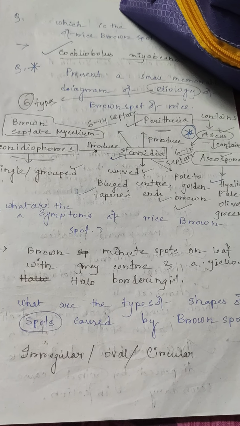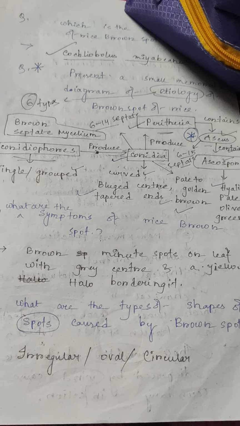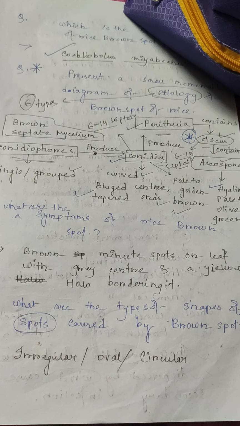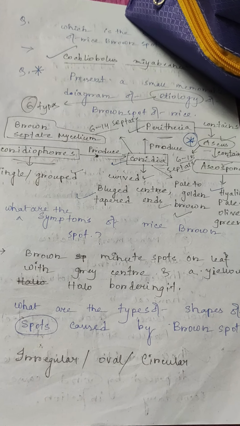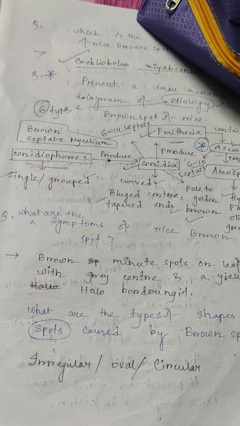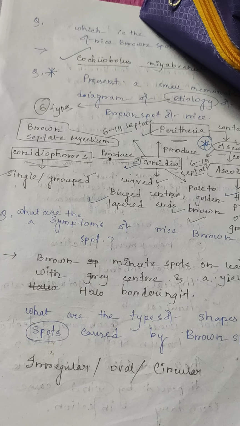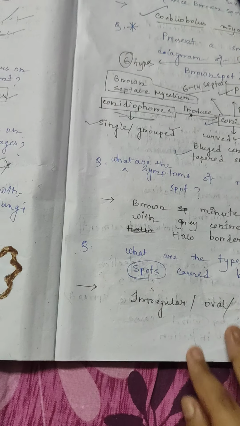Perithecia contain asci and asci contain ascospores. These ascospores are hyaline, pale to olive green in color, and the ascus is 6 to 15 septate. And the sixth etiology is brown septate mycelium, brown in color.